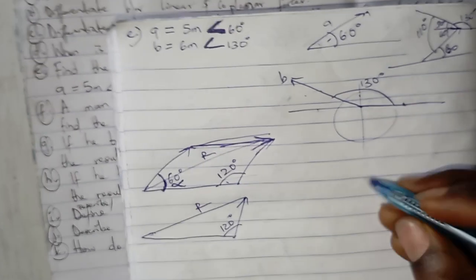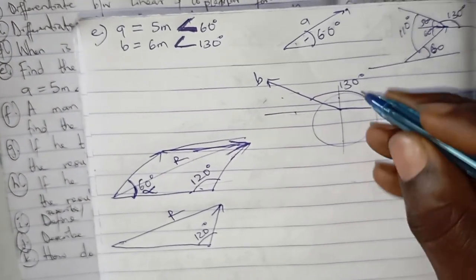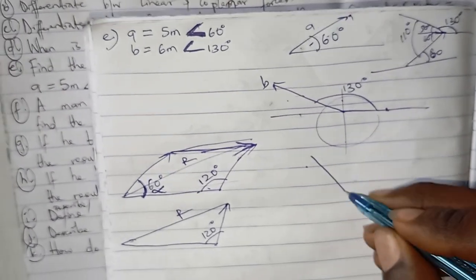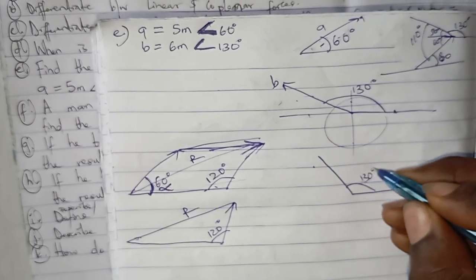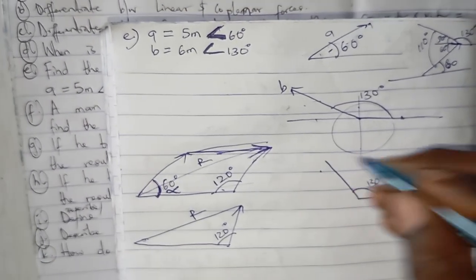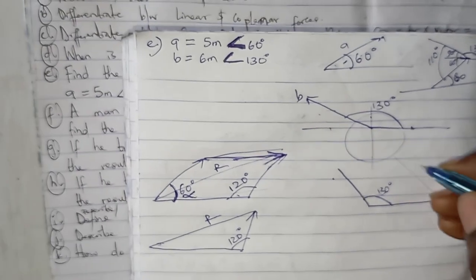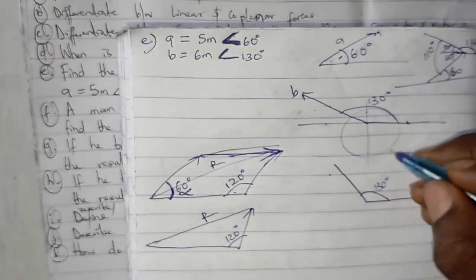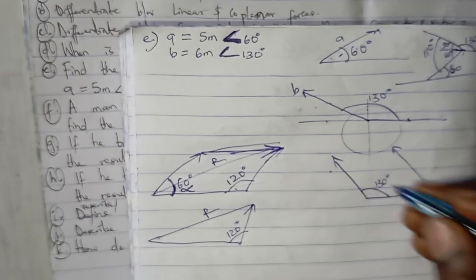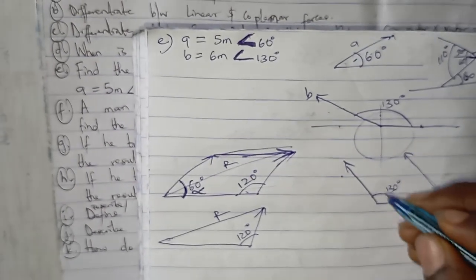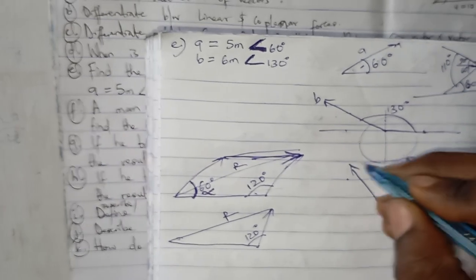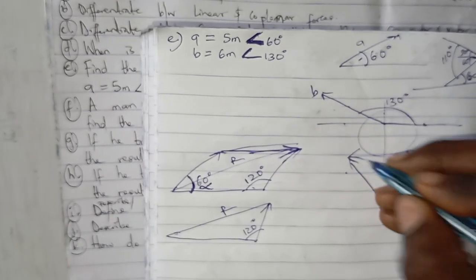So then for the 130 here, I have 130 degrees. Then let's say I have another one. Remember that if I have this way, I have this way. It's as good as saying I have another one this way.